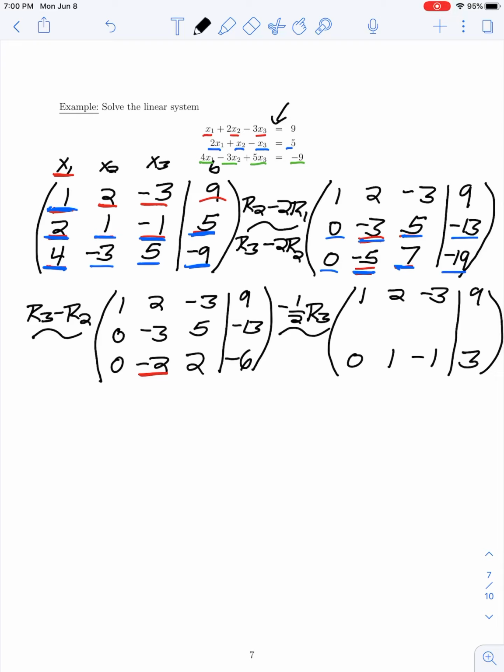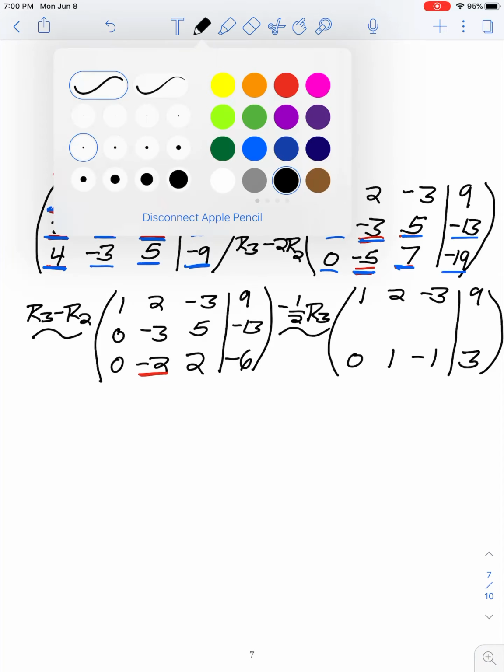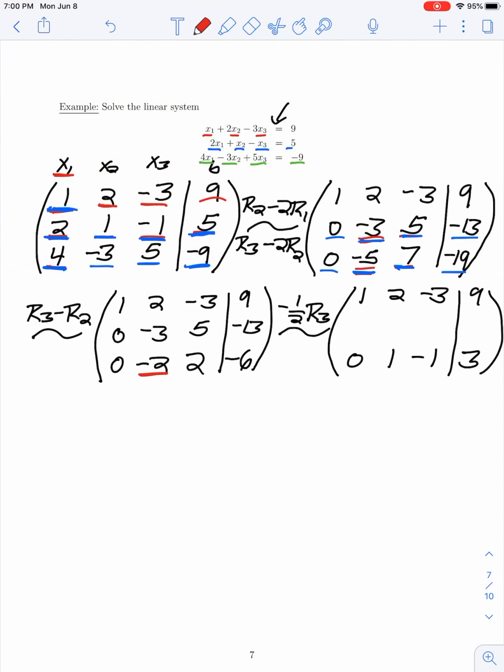And in this same step, one thing I might do is get a coefficient of 1 for x2 in my second row. Let's think about how we could get a 1 there. One way would be to divide everything through by negative 3, but since our second entries are 5 and negative 13, we may not want to introduce fractions.